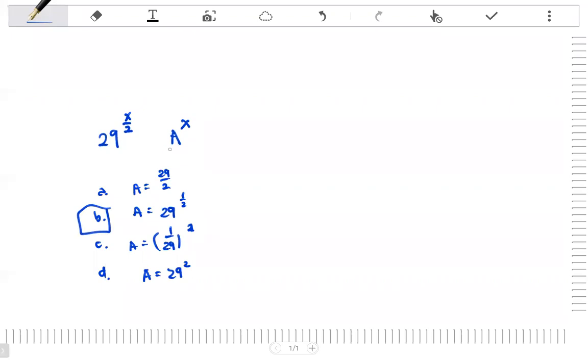So just like the last question, we want A to the x to be the same as this, right? So we can get them equal to each other. And in this case, we also have a base of 29. So obviously we want a base of 29 here, which rules out A and C. This has a base of, what is that, 14.5, and this has a base of 1 over 29. So it's either going to be B or D, but if we look at the exponent then, we want the exponent to be x over 2.